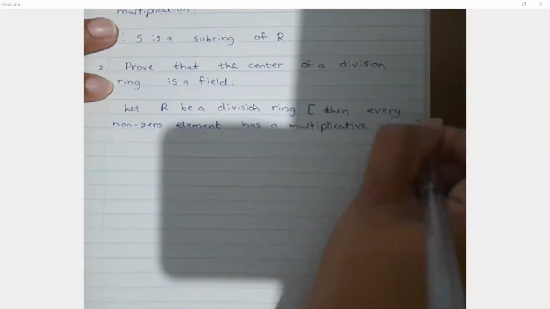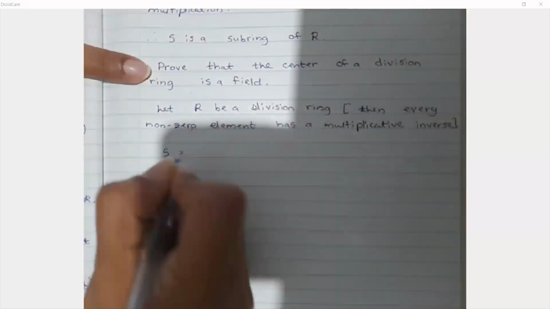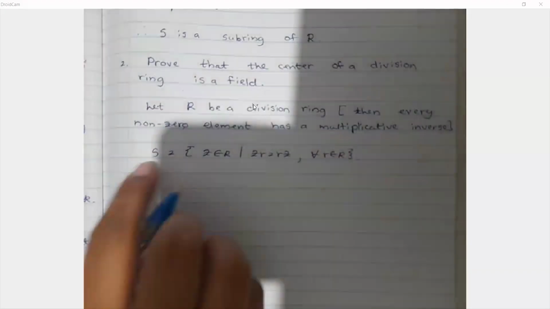Now we have taken R to be a division ring. We are asked to prove that the center of a division ring is a field. So let's define the center of R. I have written it as S. Referring to the previous problem, S is given to be every element in R that commutes with every other element in R. So this is the center of R.